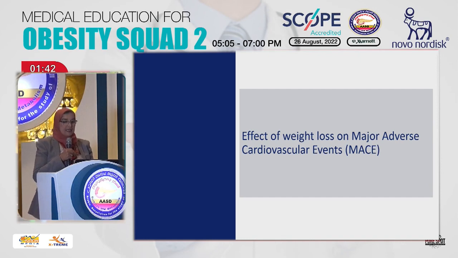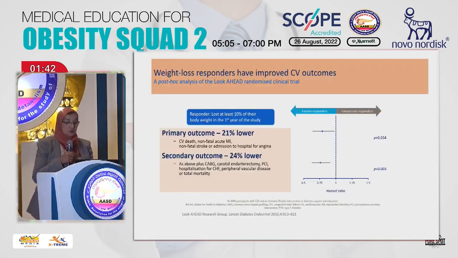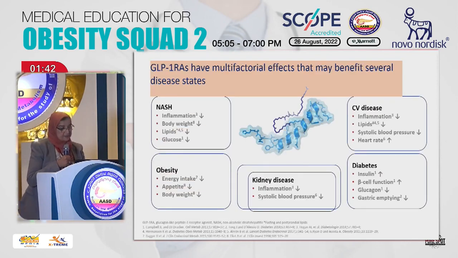Major adverse cardiovascular events, as we all know, will be much improved, and weight loss responders have improved cardiovascular outcomes regarding cardiovascular death and non-fatal MI becoming less by 21%, and the secondary outcome by 24%. Definitely there is a good relation with responding by decreasing the body mass index and waist circumference in this type of patients.